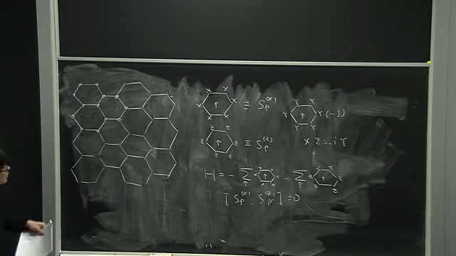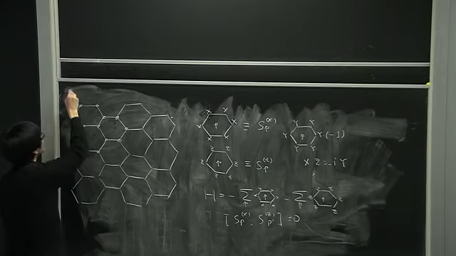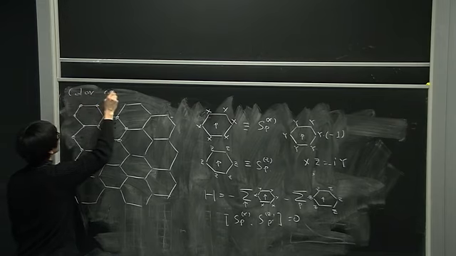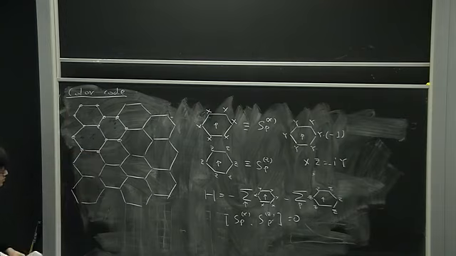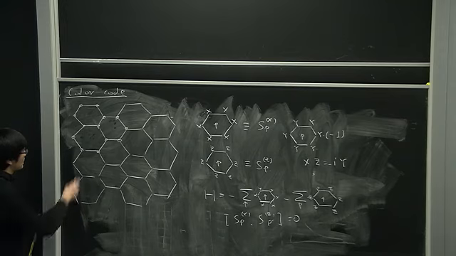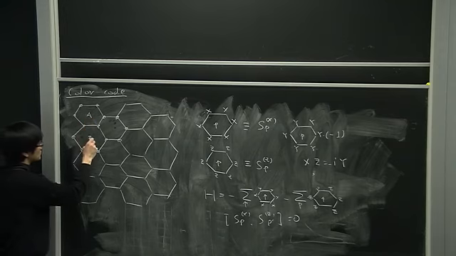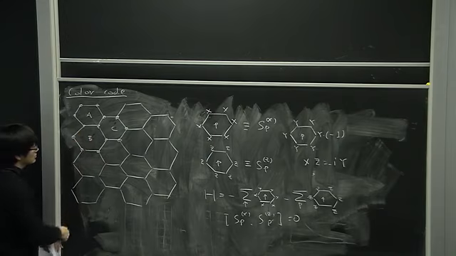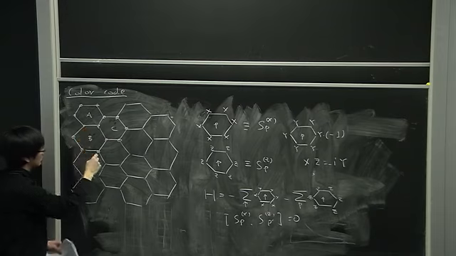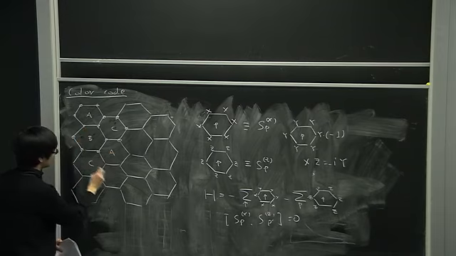And the reason why we call this object the color code is because this lattice is 3-colorable. By color, I mean that we can put 3 color labels, A, B, C, or blue, green, red, in the following way.